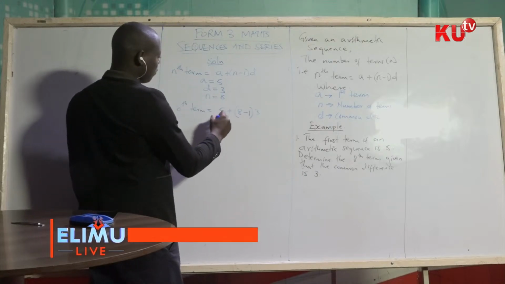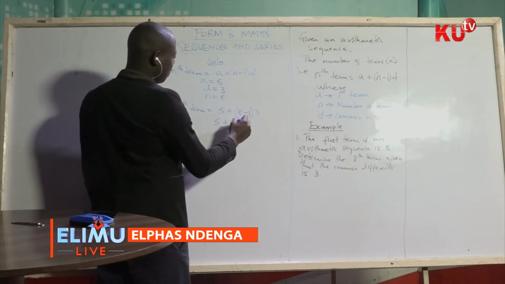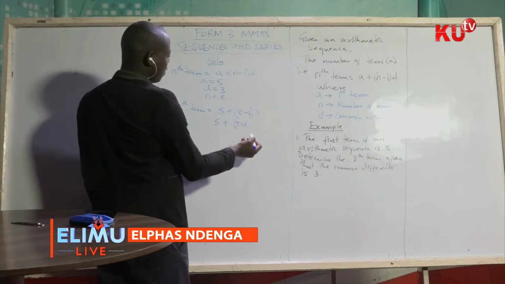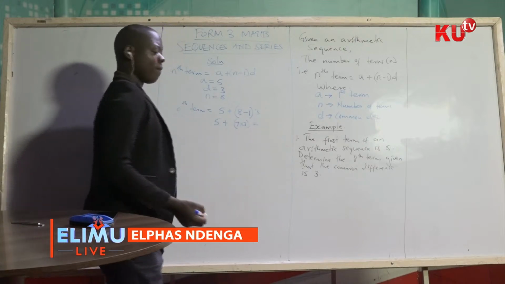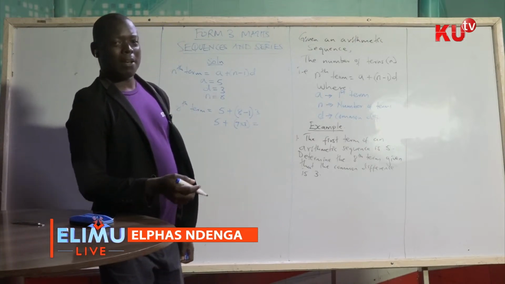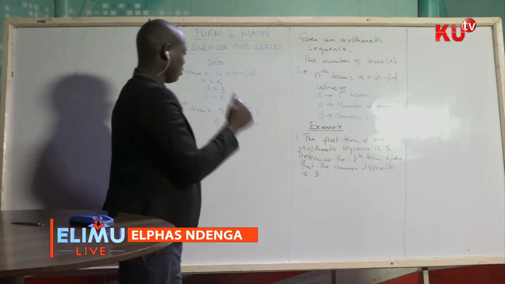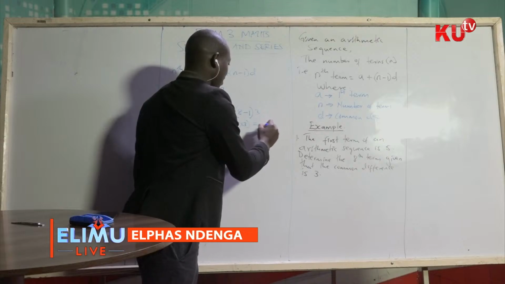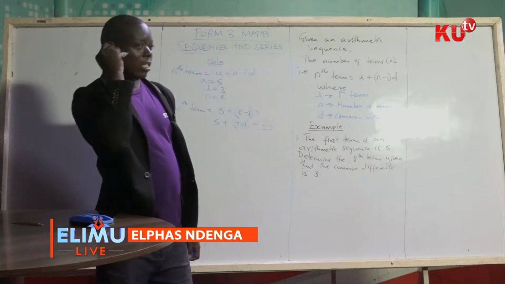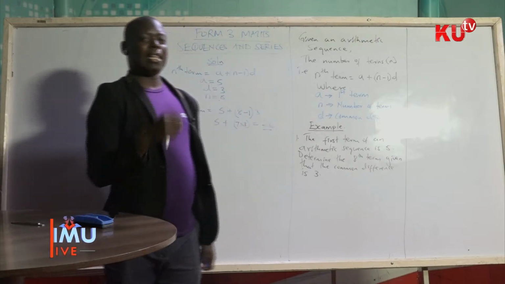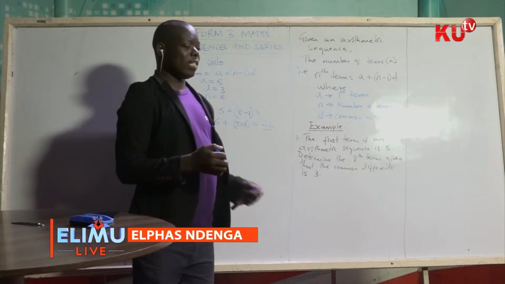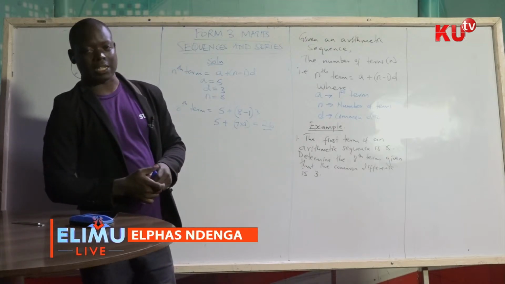So this becomes 5 plus 7 times 3. And what's the answer, students? Use your calculator as well. 5 plus 7 times 3, 26. Our answer is 26. So it means that the 8th term of this sequence is 26.